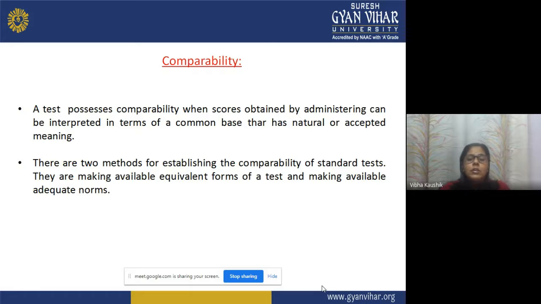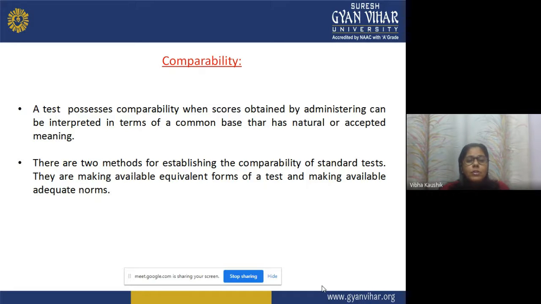Now, the next characteristic is comparability. A test possesses comparability when the scores obtained by administering it can be interpreted in terms of a common base that has natural or accepted meaning.